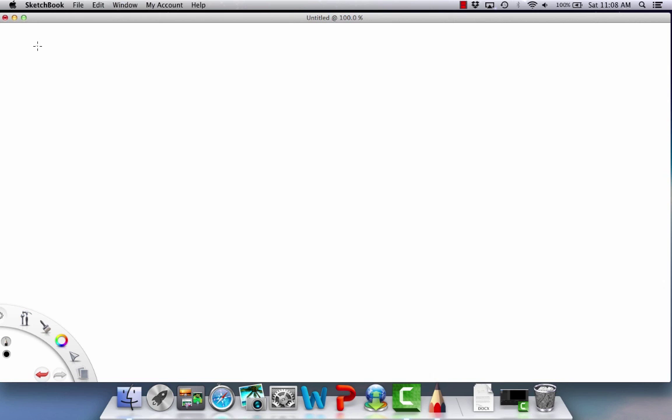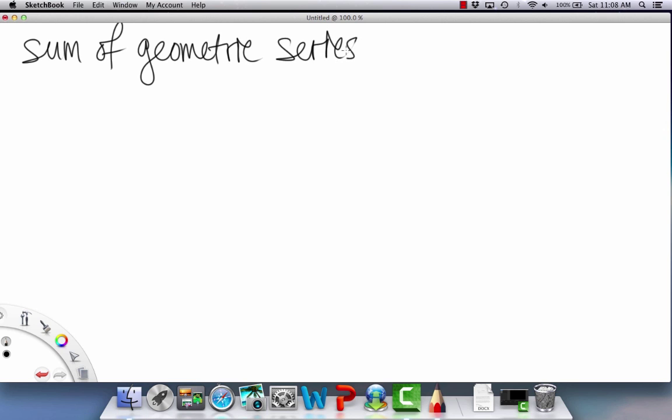So now we have the sum of geometric series. There are two important ones. The first one is the sum of the infinite series of C R to the n, when n starts at 0.